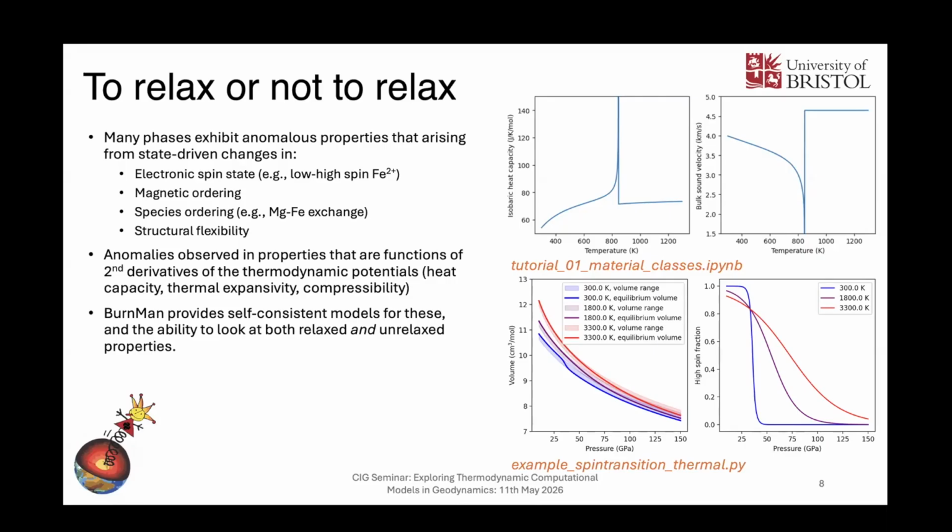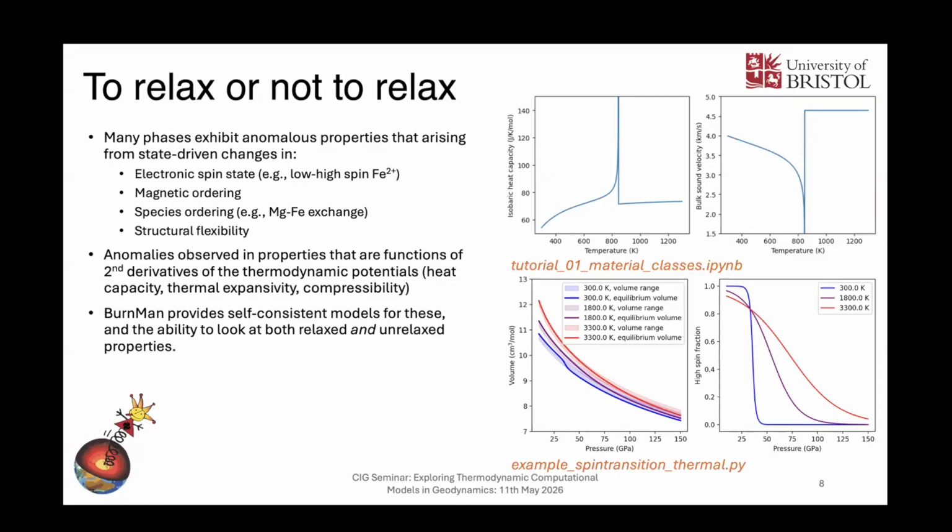So magnesium ion exchange is a very common one, but coupling between aluminium and magnesium silicon is another one. Also structural flexibility. So for example, the rotation of particular units within minerals, tetrahedral units or octahedral units.